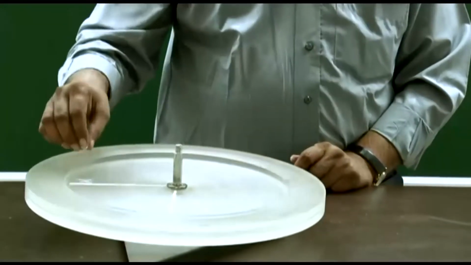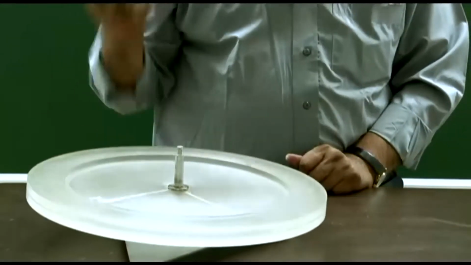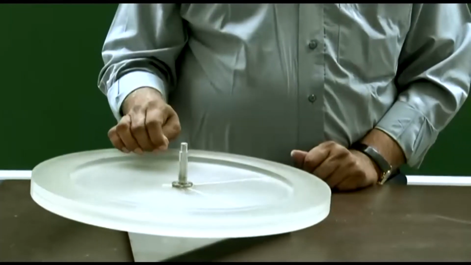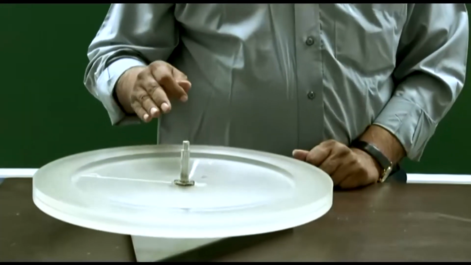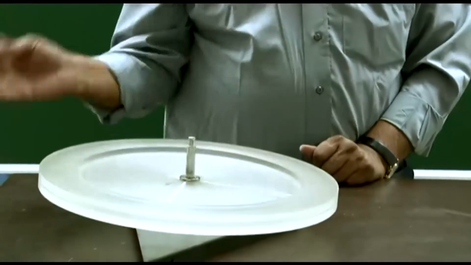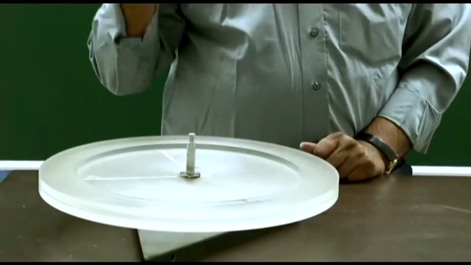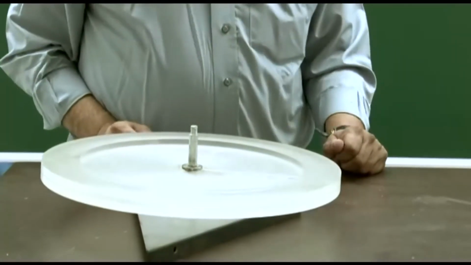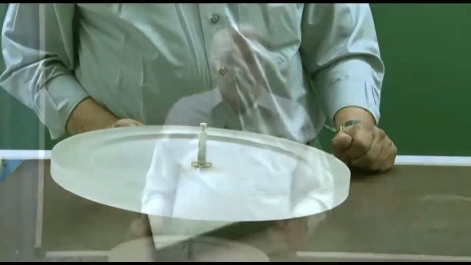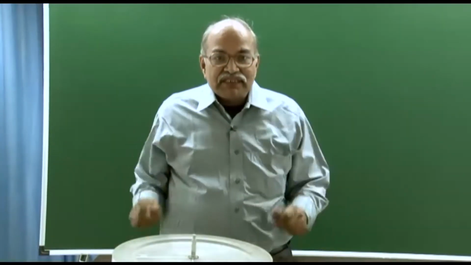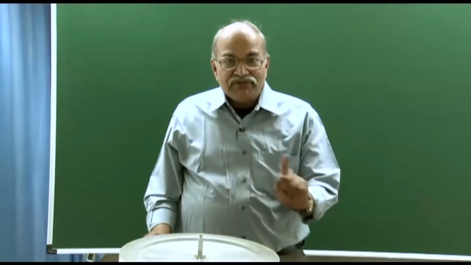That will happen in all rotating frames. If you do the dynamics of a particle from the rotating frame, there will be a force away from the axis of rotation, and that force is known as the centrifugal force. So, what is the magnitude of this centrifugal force? Direction we have worked out.